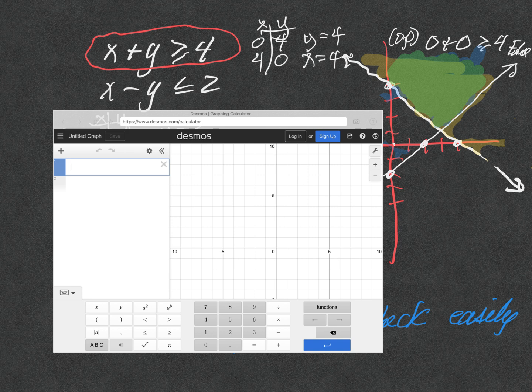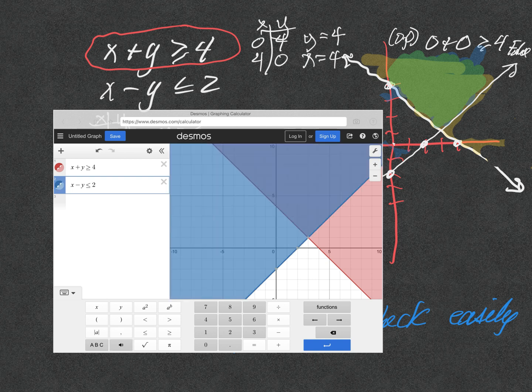So we're going to type x plus y is greater than or equal to 4. See how they shaded that? They did red, I did yellow. I should have done the same color. And then the next one is x minus y is less than or equal to 2.